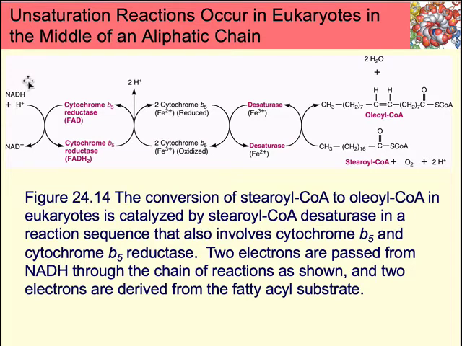Removal of electrons from NADH produces NAD+. Those electrons are transferred to a cytochrome b5 reductase, and then to a cytochrome b5, and then to a desaturase enzyme, and finally to the oxygen in the reduction that's shown here. So interestingly, an oxidation to form a double bond involves reduction as well.